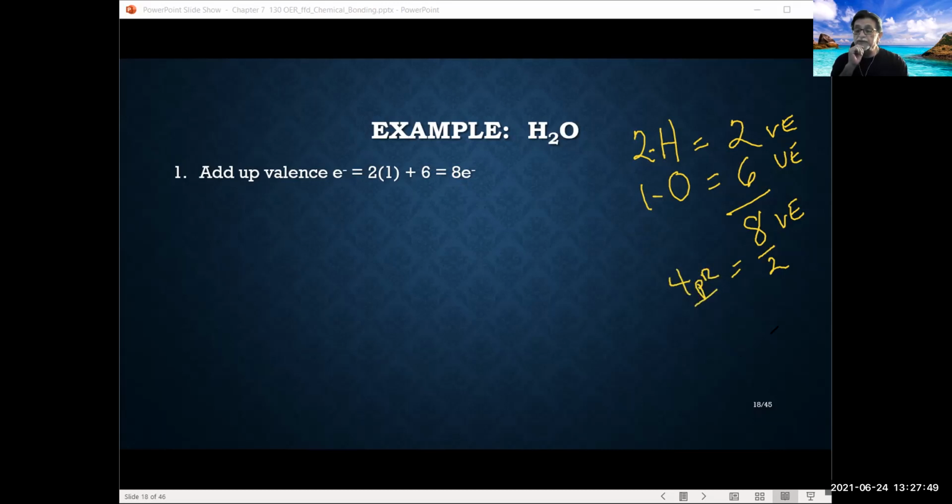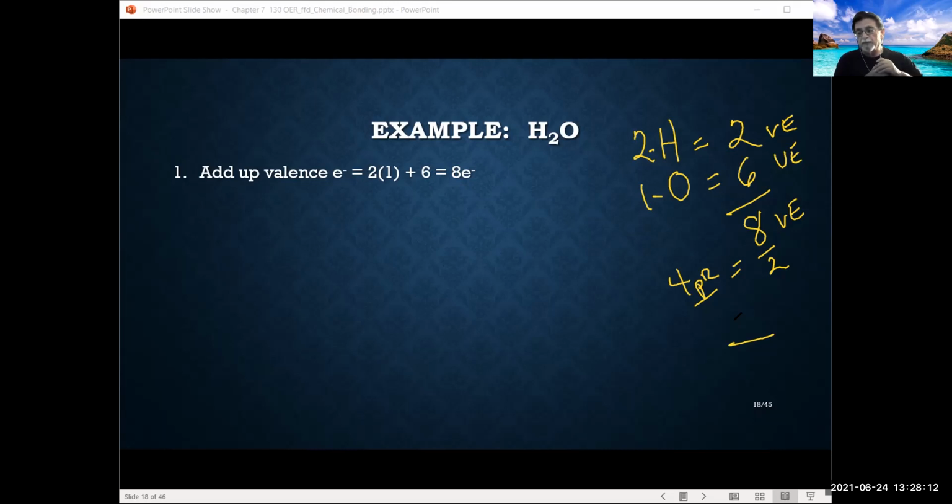And now I can just do lines, because remember, a line represents 2 electrons. It's just easier to keep track of pairs than it is to keep track of single valence electrons, because you can have an example where you got 32 valence electrons to work with. Well, you can deal with 32 valence electrons. That's a lot of dots.